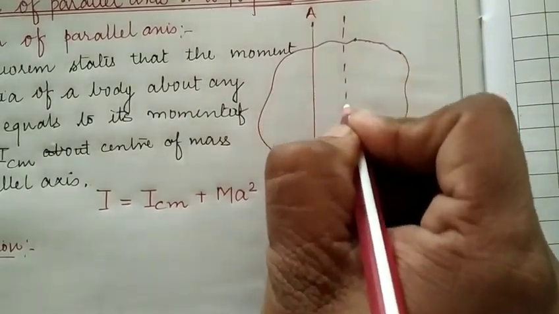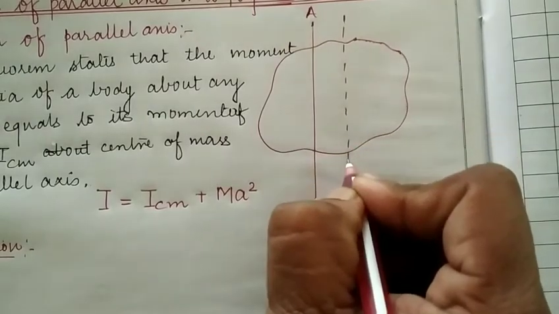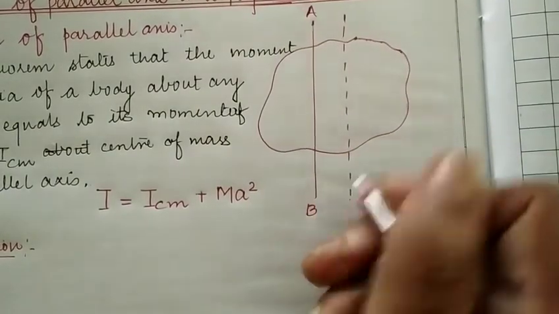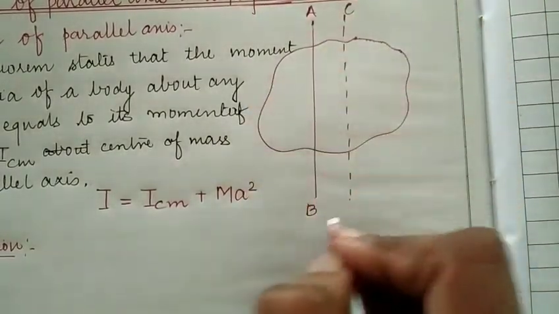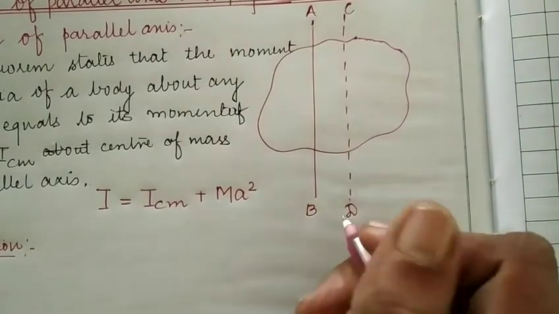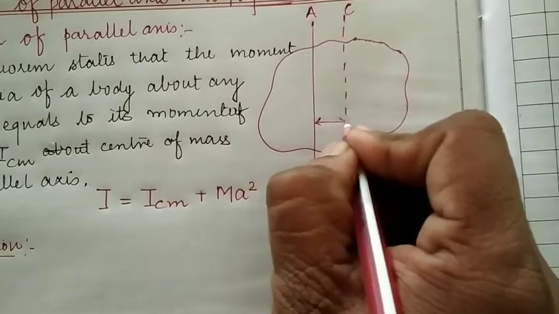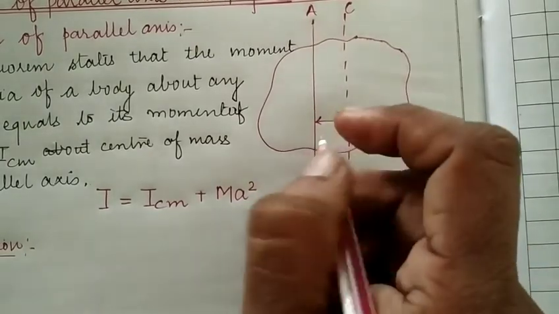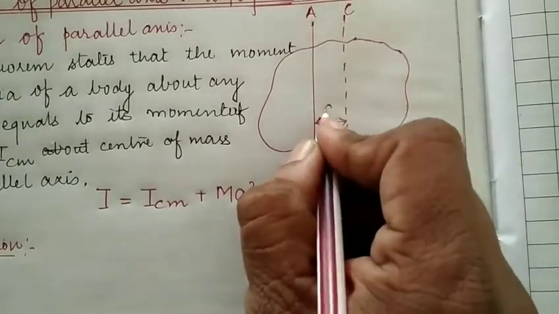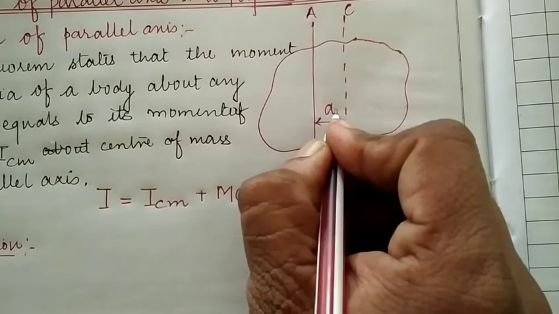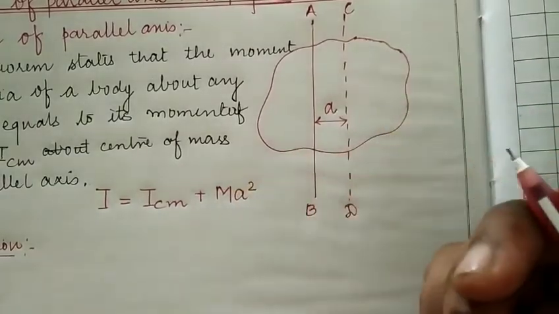AB is one axis and CD is the other axis, and the separation between these two axes is given by a distance small a, or you can also call it S or D.